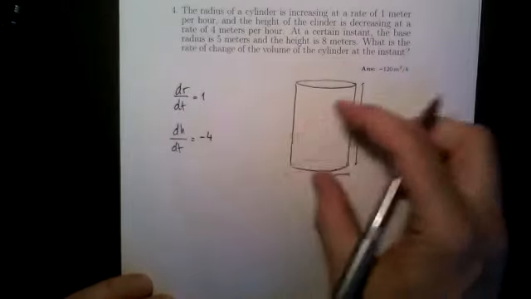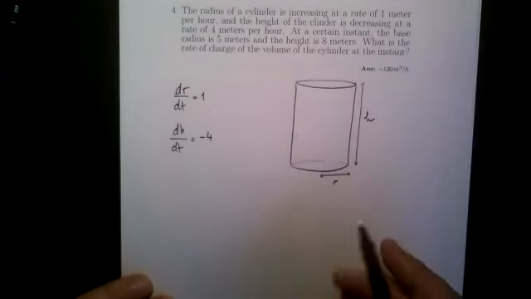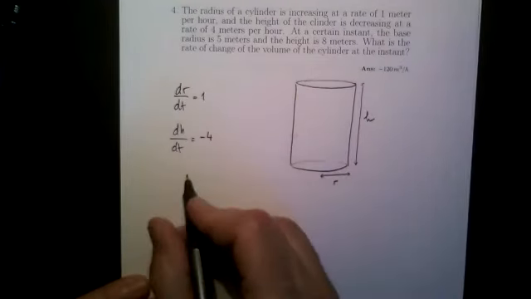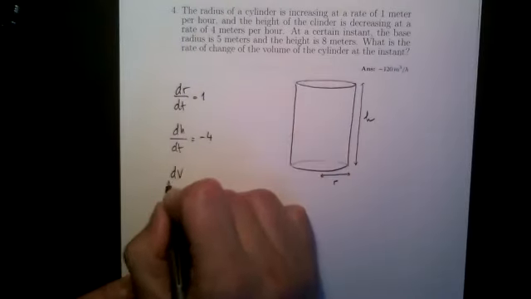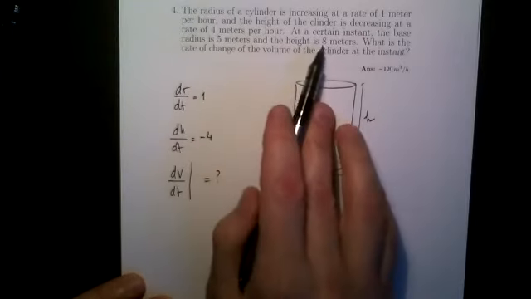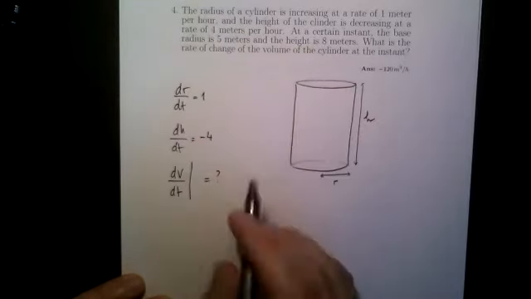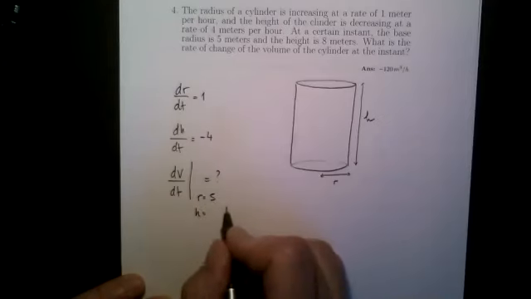It's decreasing, so every hour it loses 4 meters. We're looking for the rate of change of the volume, dV/dt, at that instant where the radius r is 5 and the height is 8.